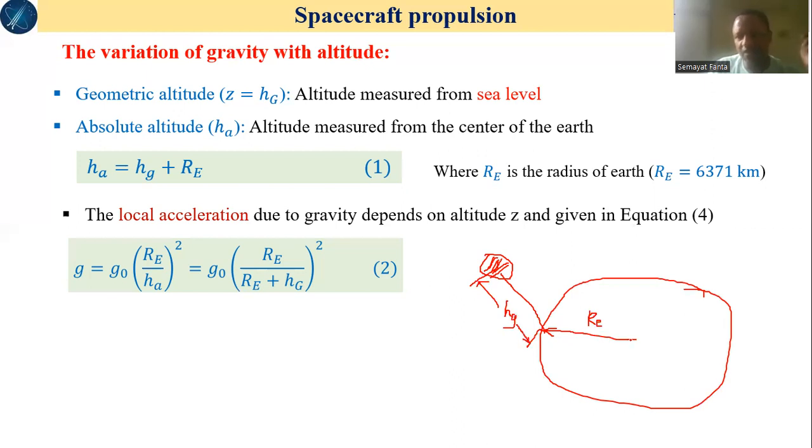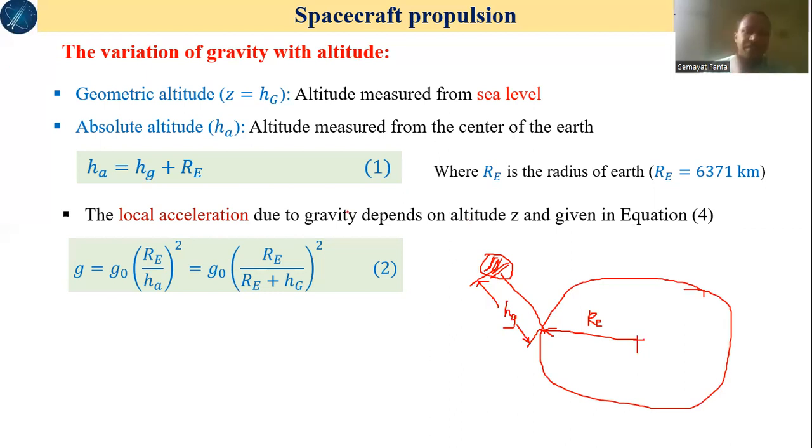From the center of the Earth, this position is called the absolute distance. So H is equal to Hg plus the radius of Earth, so that our gravitational attraction on this object depends on this distance.